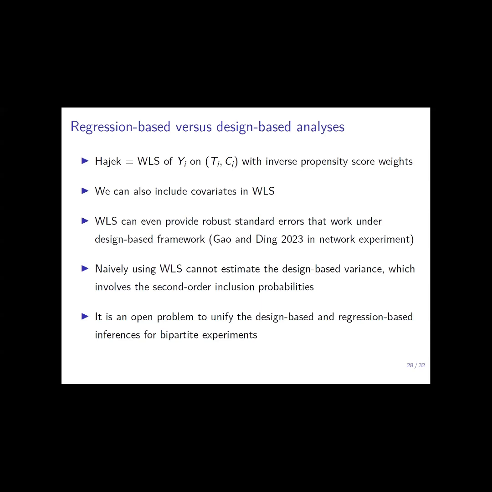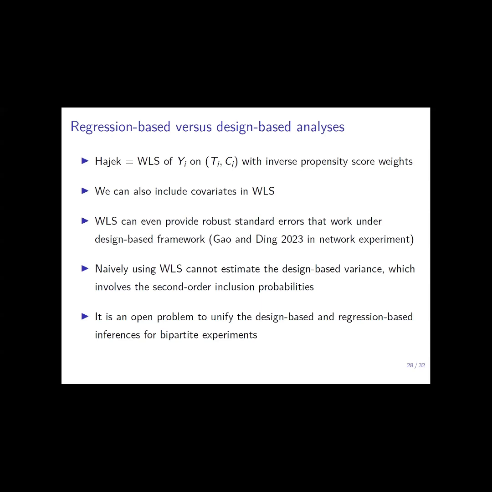And we did it for another network experiment. But here, if you use it, there's no guarantee it will be correct. Why? Because when you run regression, if you don't use second order inclusion probabilities, then regression will never use that information.